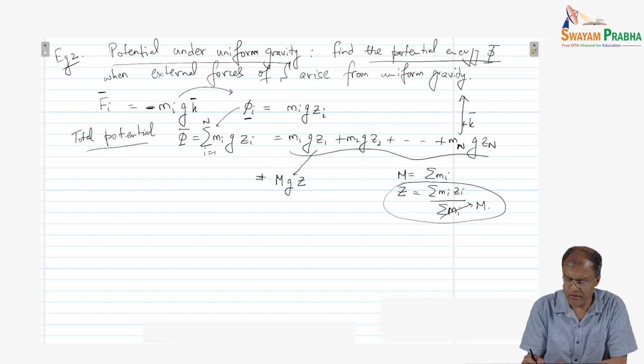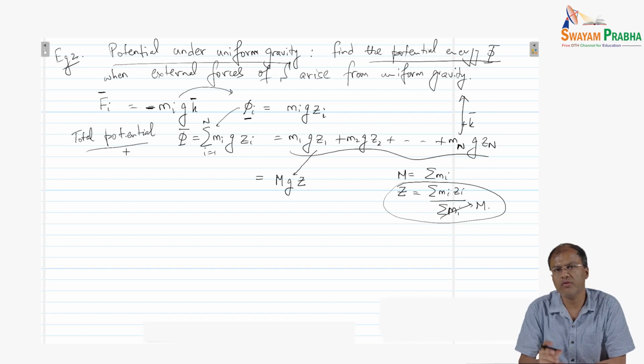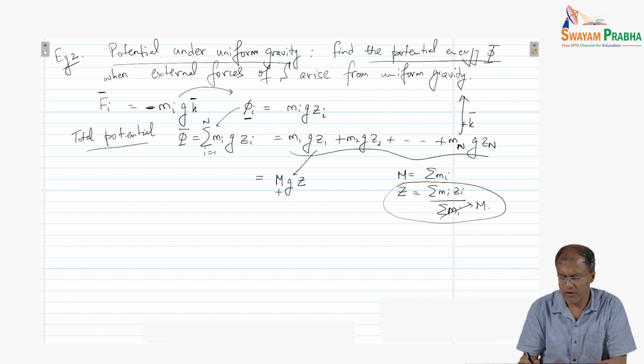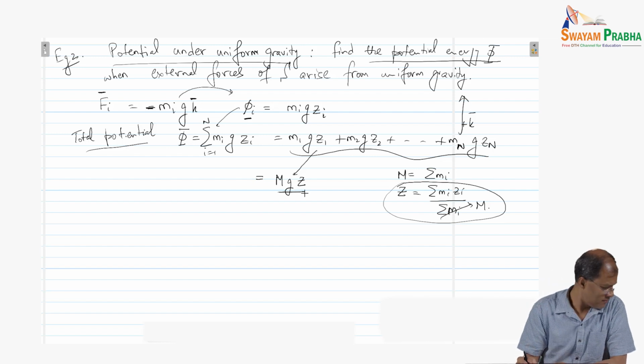So what we have shown is that the total potential on a system of particles due to gravity is as if the potential is acting on the center of mass of the system. So gravity acts in such a way that it acts on the center of mass of the system.